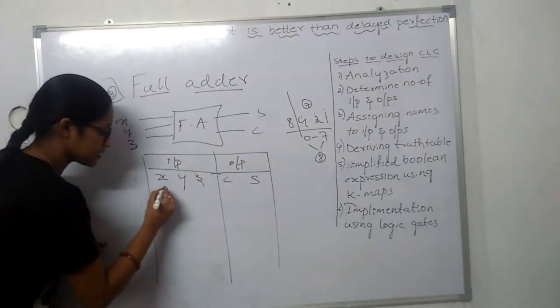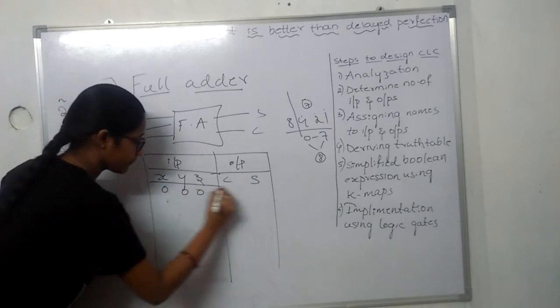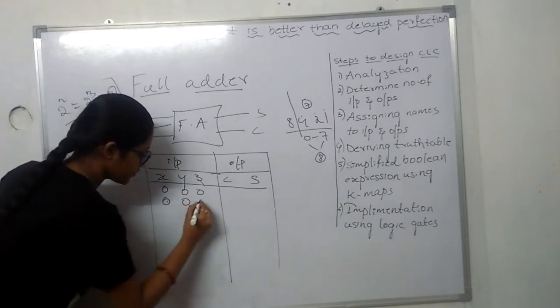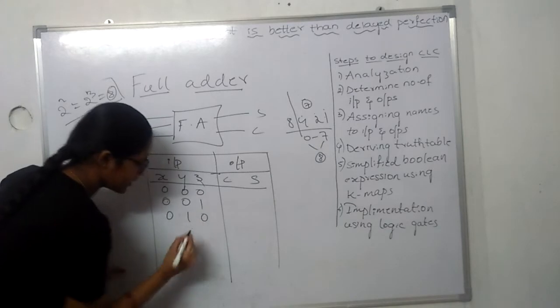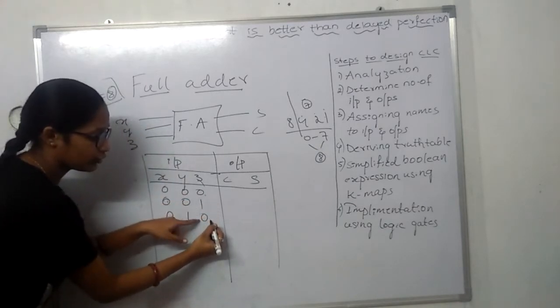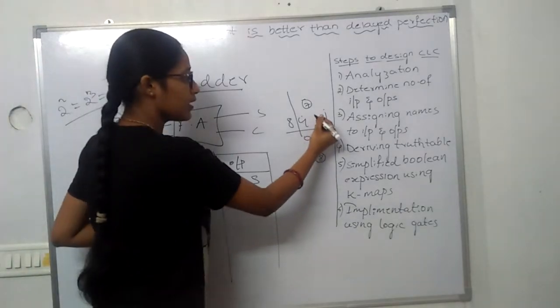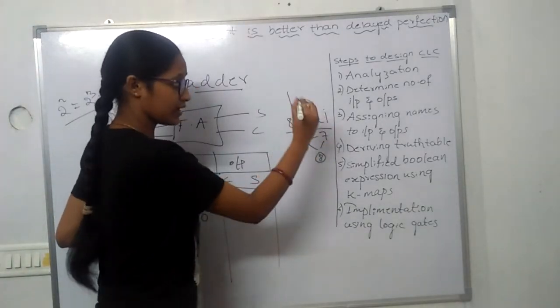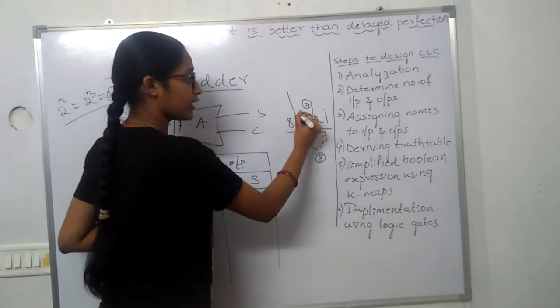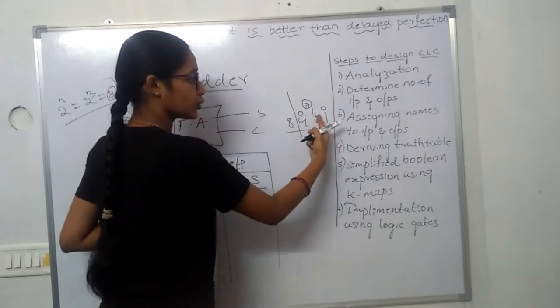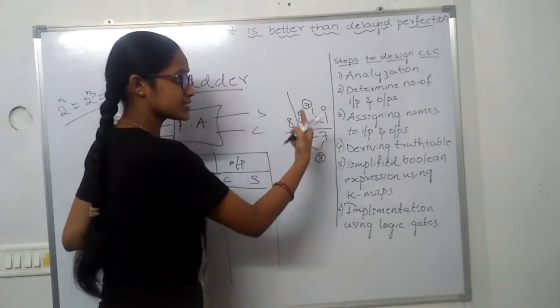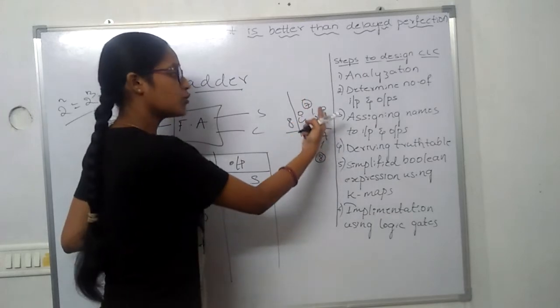So what are those? 0, 0, 0; 0, 0, 1; 0, 1, 0, which is nothing but 0, 1, 2. How does it become 2? Because we placed 1 in the second position and made every other position 0.